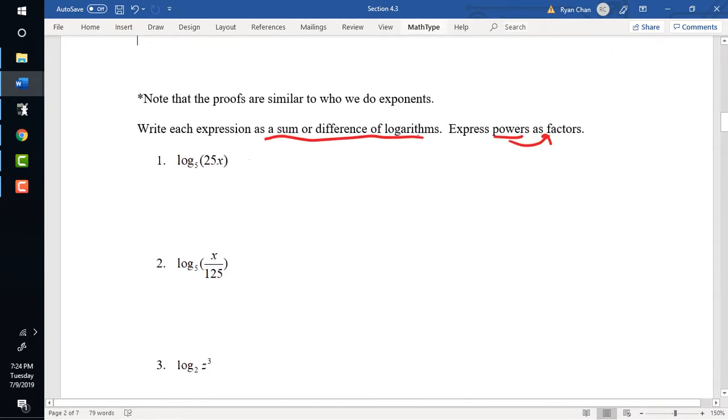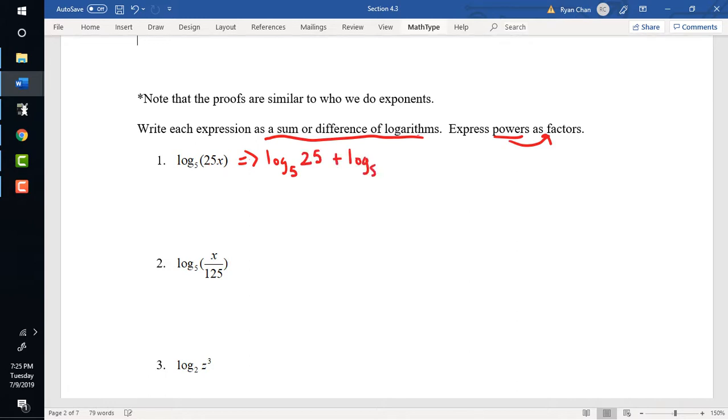So this is what it's going to look like. I'm adding them, and I split them separately because I multiplied initially, right? So multiplication becomes a sum of two logs, okay?